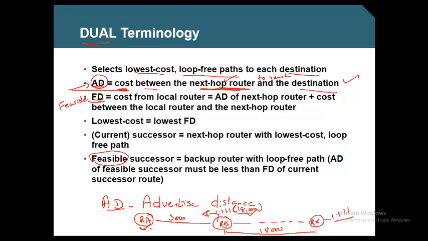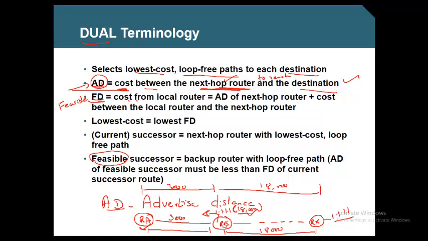What is 3,000? It is the metric between A and B. Now, what is feasible distance? Feasible distance is the cost from the local router to the advertised router, which is 3,000 plus 18,000. You understood?